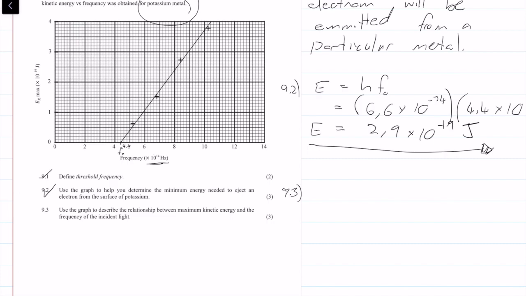Question 9.3 says, use the graph to describe the relationship between maximum kinetic energy and the frequency of the incident light.